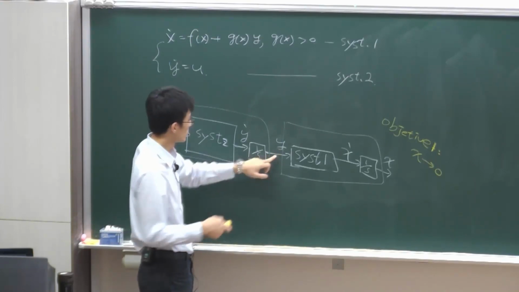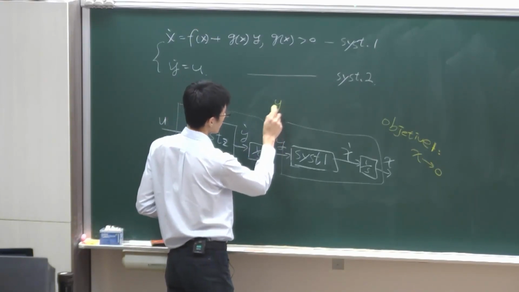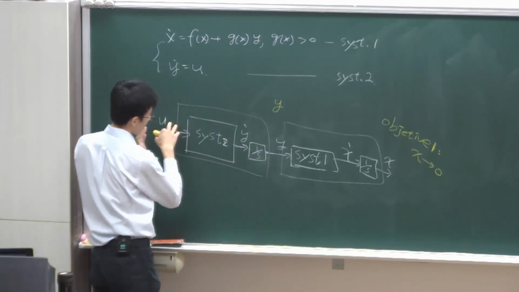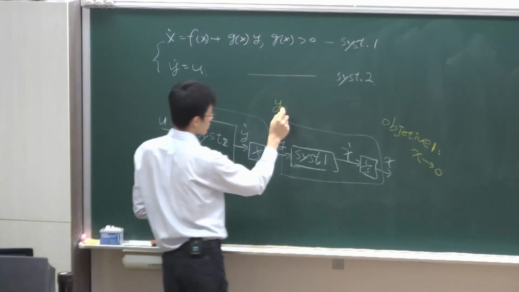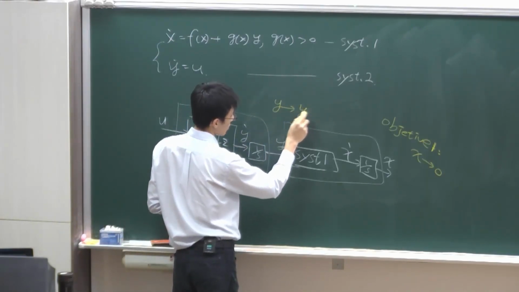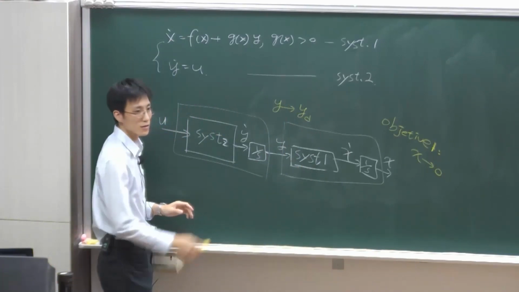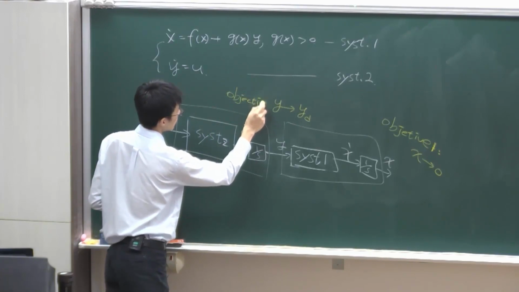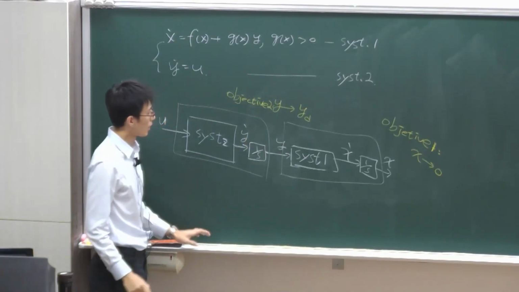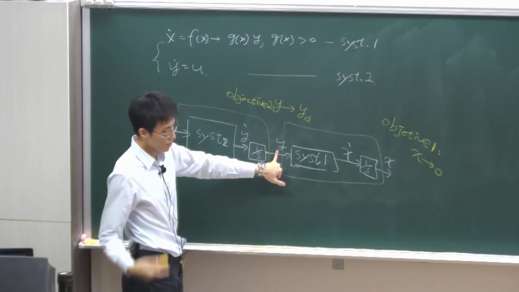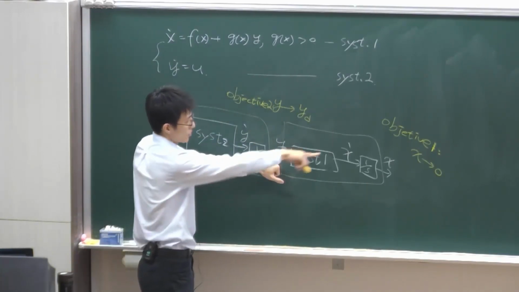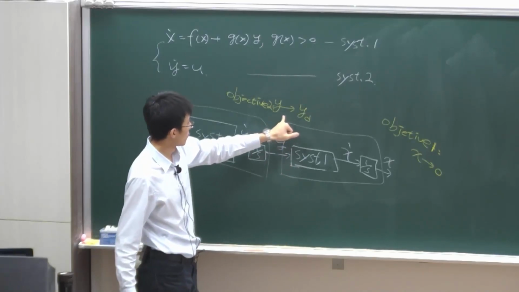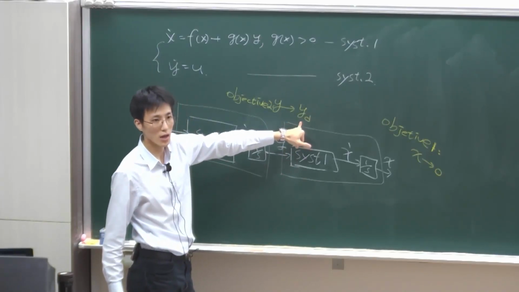So the control objective of this subsystem is for y to track some YD signal. Because y can't be a random signal, for x to converge to 0. Y has to converge to YD.